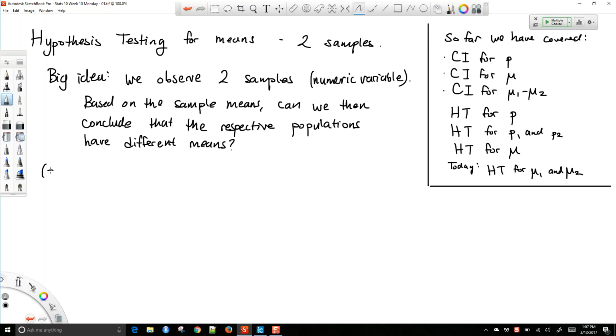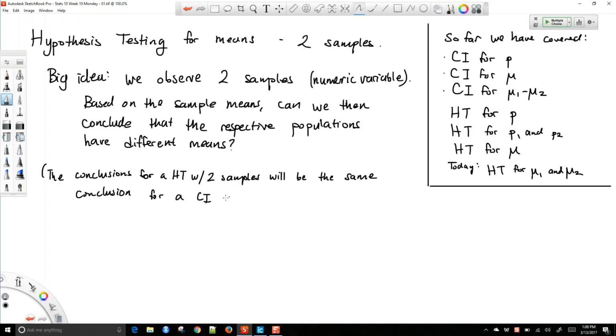So the conclusion for a hypothesis test with two samples will be the same as for a confidence interval for mu1 minus mu2.